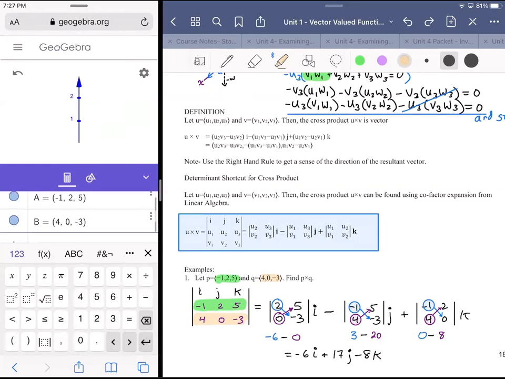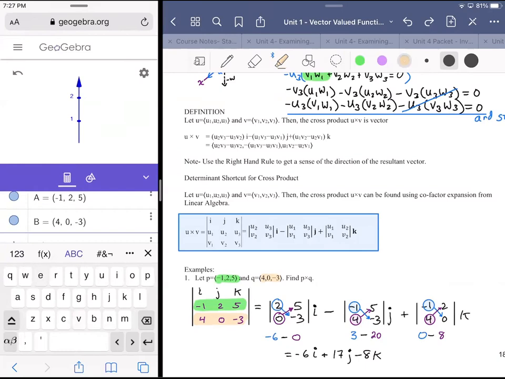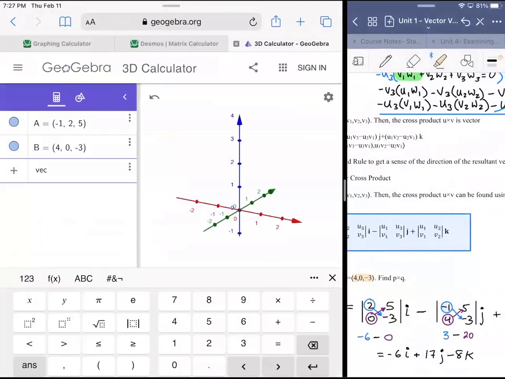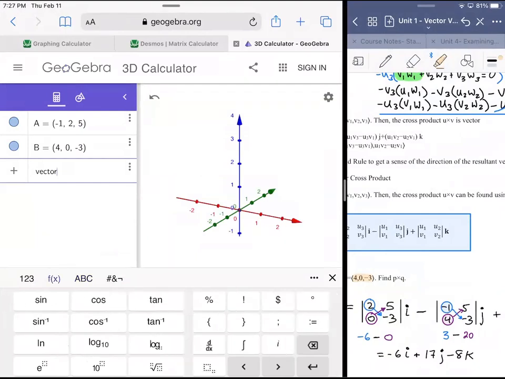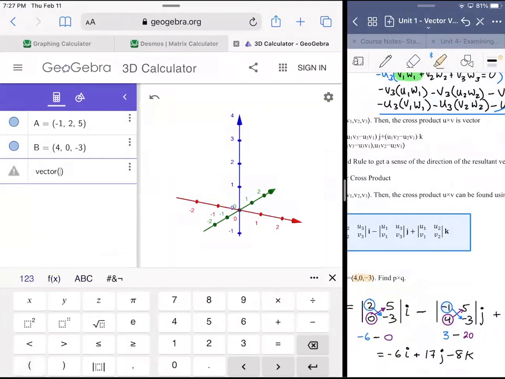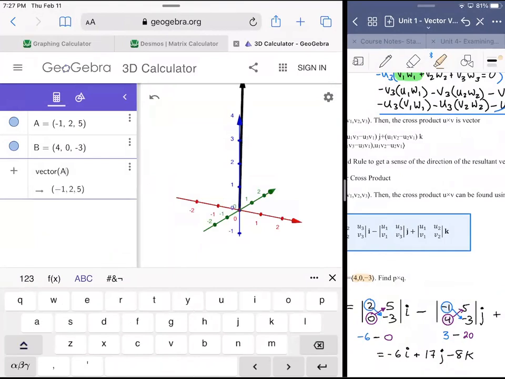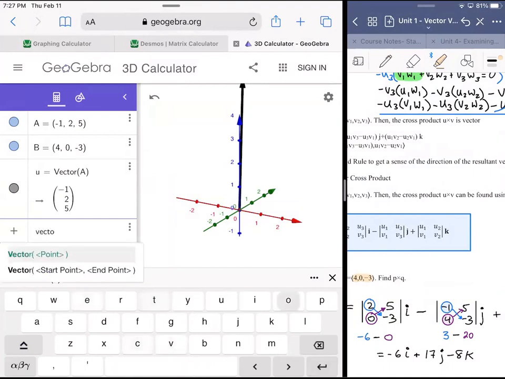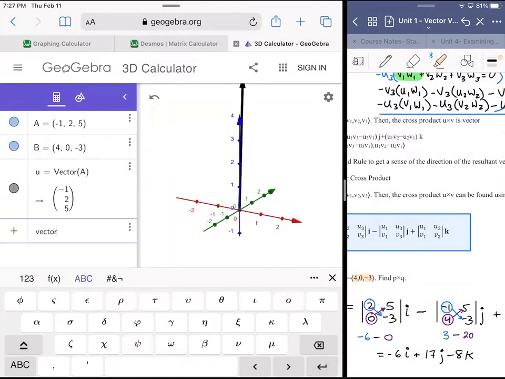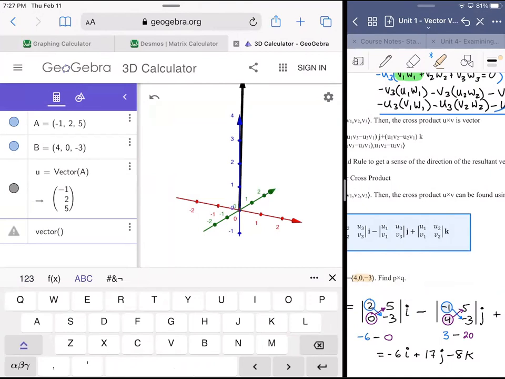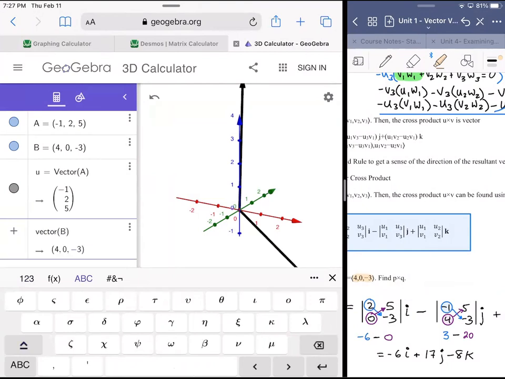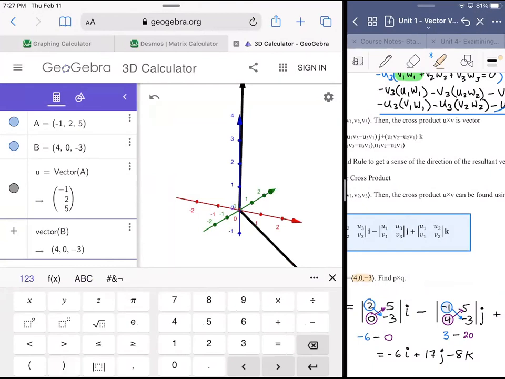Same deal. We would want vectors. Vector for A. Vector for B. Now, you can just visually determine it.